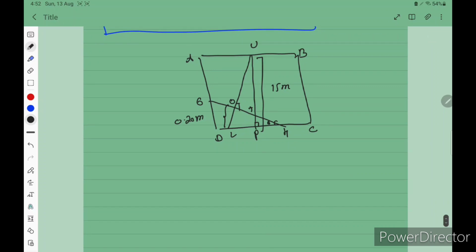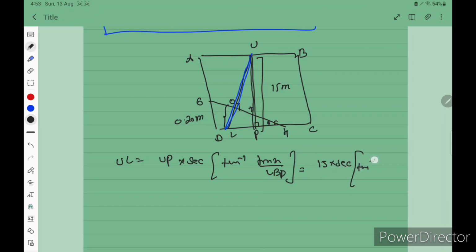So first we have to find UL. UL is equal to UP into sec tan inverse trim by LBP. Okay, so 15 into sec tan inverse 2 by 210. So we get UL is equal to 15.001 meters.